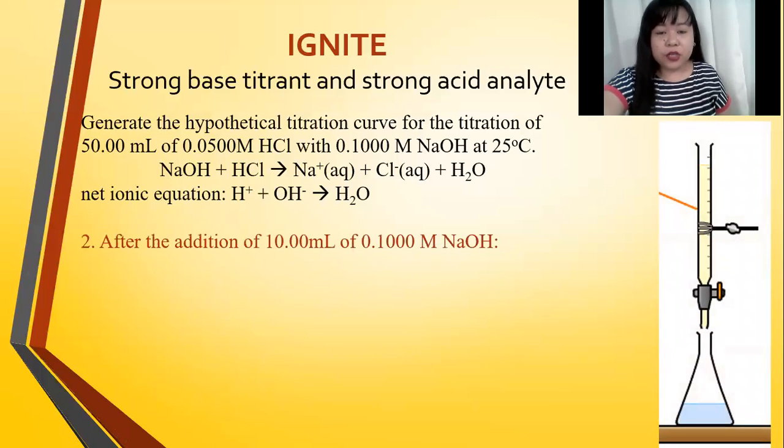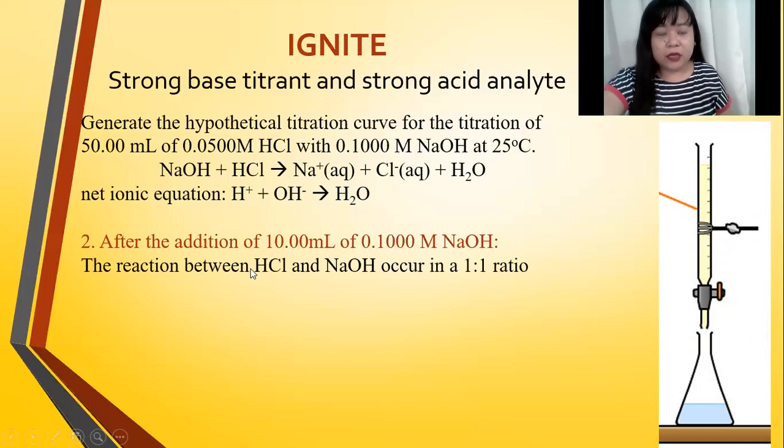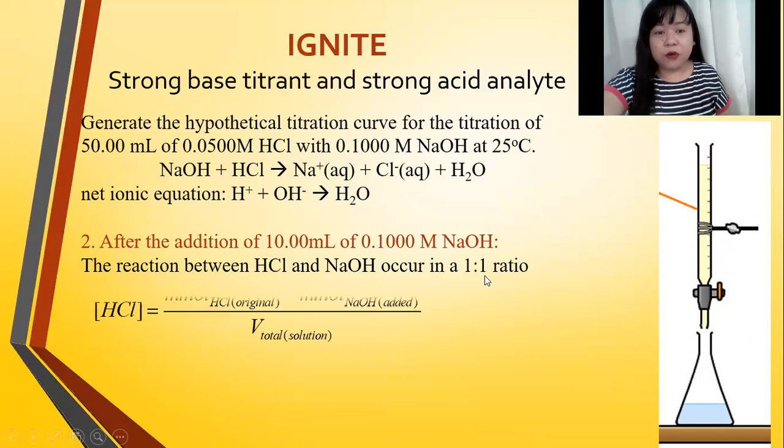Next, after the addition of 10 mL of 0.1 molar sodium hydroxide, we would have to determine which point in titration the system already is. So to do that, first we understand that the reaction between HCl and NaOH occur in a 1:1 ratio.